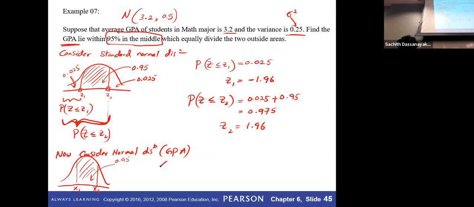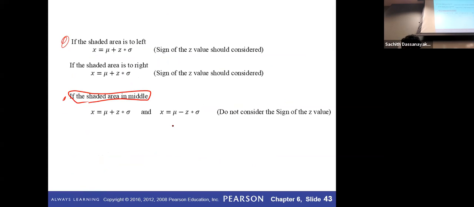Okay, so X1 equals mu plus C1 sigma, which means X1 equals mu 3.2. Oh, sorry, not plus. It should be minus. You can see that this X value right here is less than the X value right here, right?